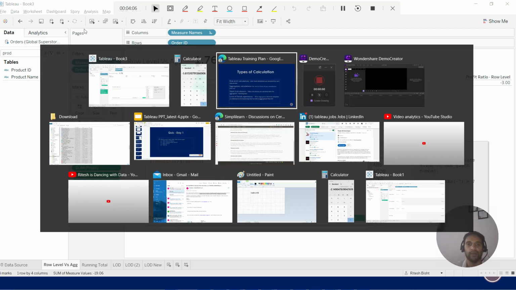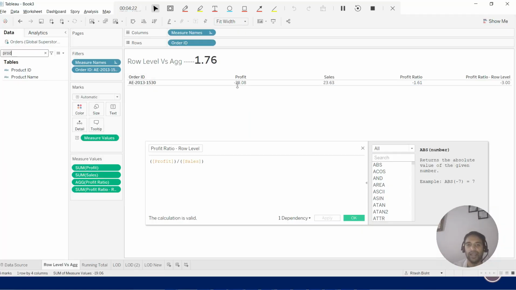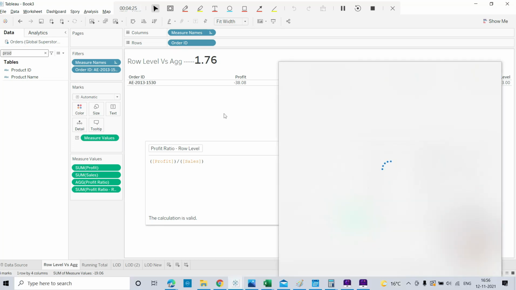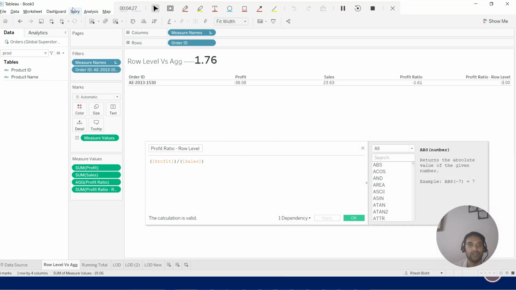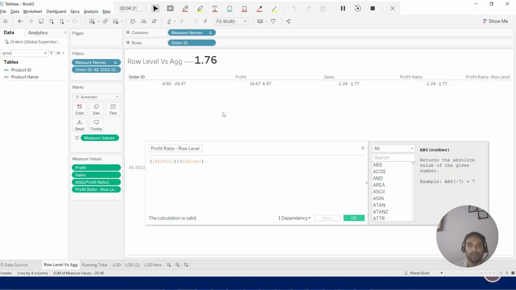In the graphical representation, I can show you that, for example, if the big rectangle is the order ID, within that order ID there will be multiple small black rectangles. The summation of, say, profit or sales is giving you those values, that is 38 or 23. The other way to disaggregate the visualization is to go to Analysis and uncheck this tick mark, and you'll get an idea.